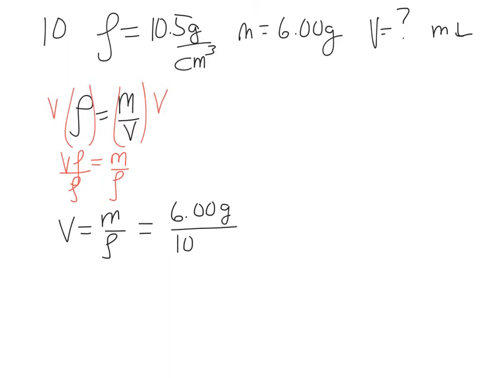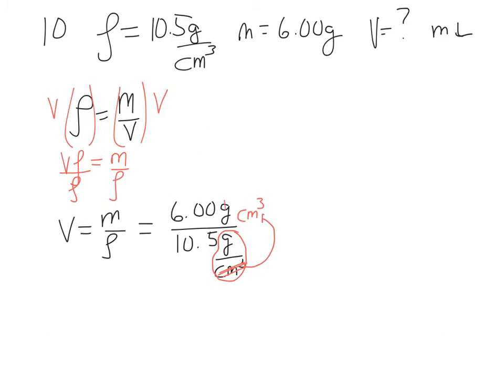So 6.00 grams divided by 10.5 grams per centimeter cubed. And remember, we said that this unit on the bottom, because it's on the bottom, ends up flipping. So this is the same as putting the centimeter cubed up to the top. That works the same way.